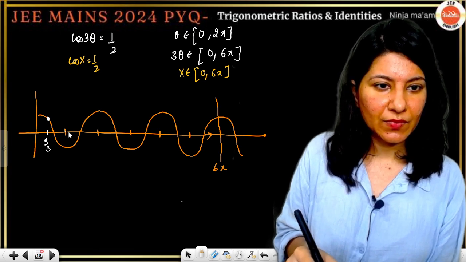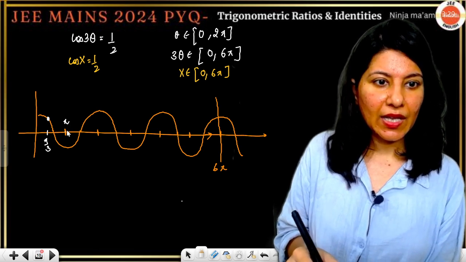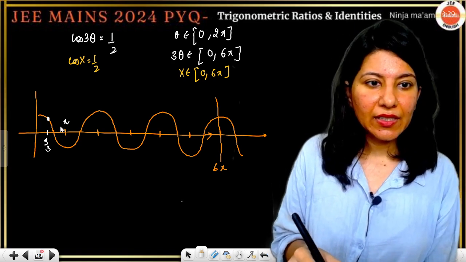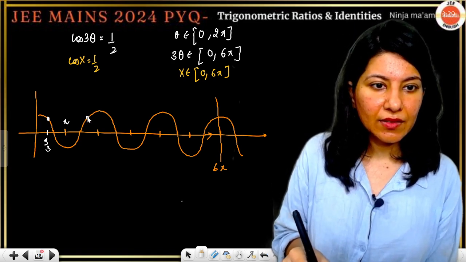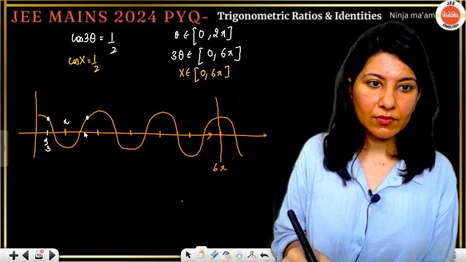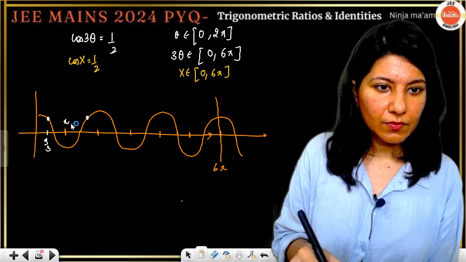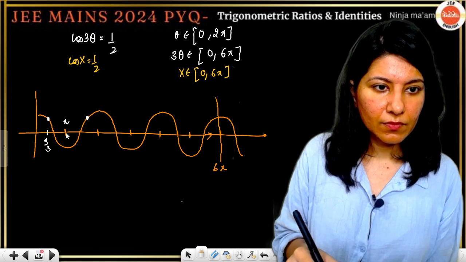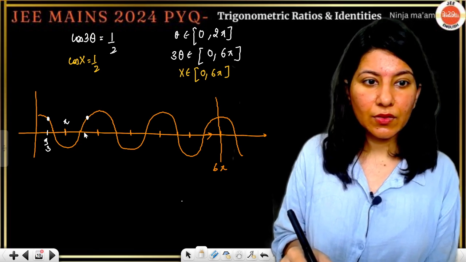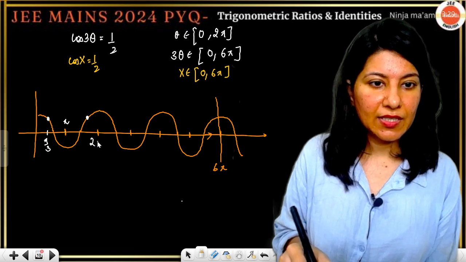This is your pi, and pi by 3, then this. Not pi plus pi by 3, this is 2 pi.